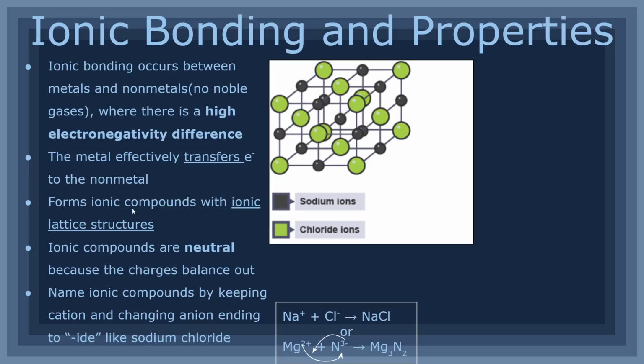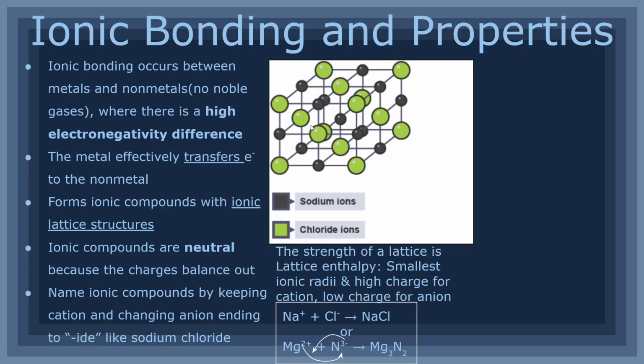So this is an ionic lattice structure. Ionic lattice structures are known because the ions are completely bonded to all opposite charged ions, which maximizes the electrostatic attraction. Lattice enthalpy is the measure of the strength of a lattice, and it is highest or strongest when there are small ionic radii and a high charge for the cation and a low charge for the anion.